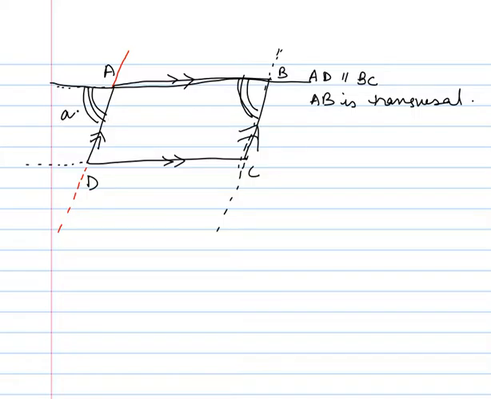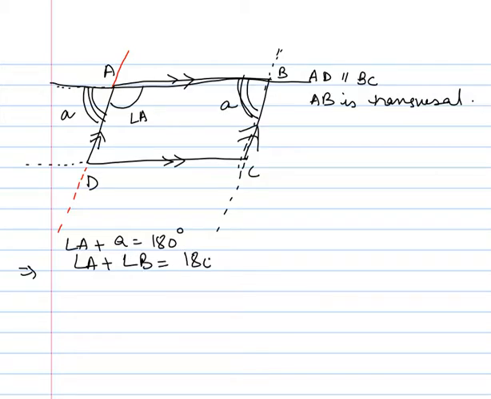So this is angle A, this is angle A. Let us say this is already angle A, which is in a parallelogram. So angle A plus angle B should be equal to 180 degrees. So in order to prove that adjacent angles are 180 degrees, we have to just see that this angle is equal to this angle.